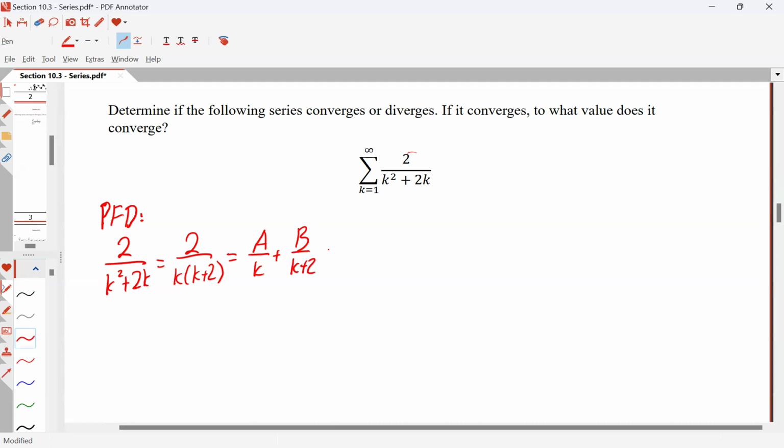And solving this out, we'll get 2 equals a times k plus 2 plus b times k. Gathering coefficients together, this will give us two equations: 2 equals a times 2, and a plus b equals 0, because we'd have ak plus 2a plus bk.